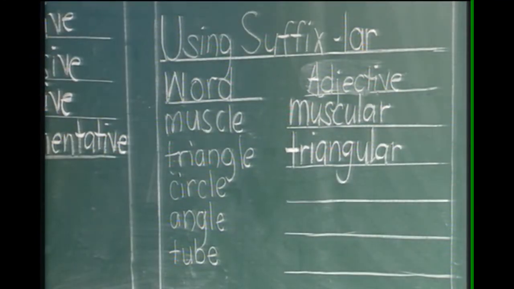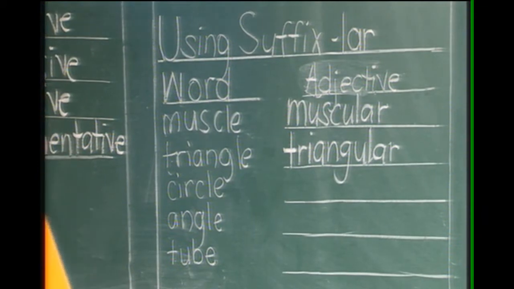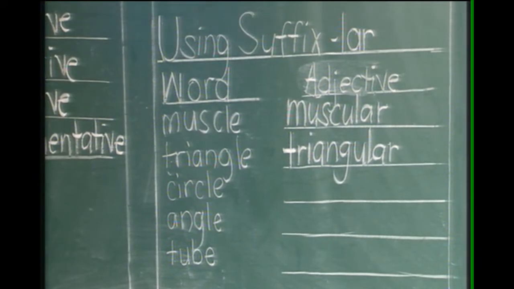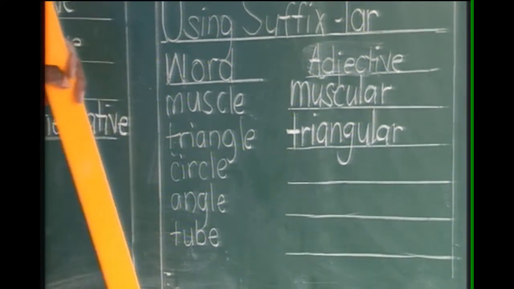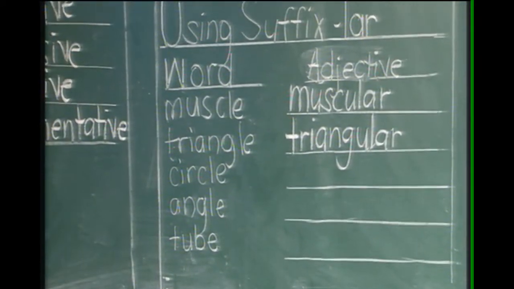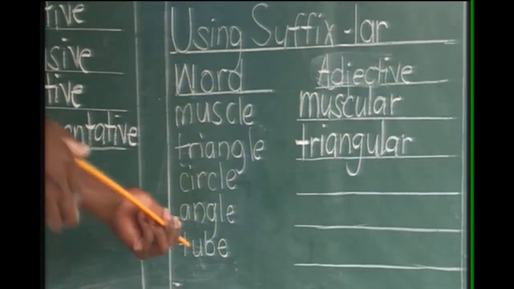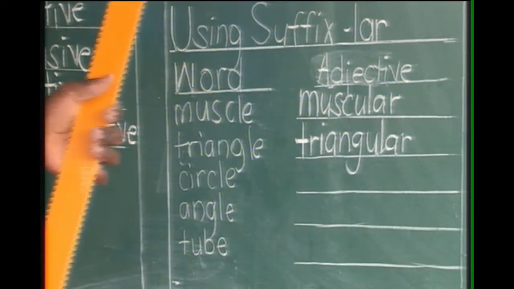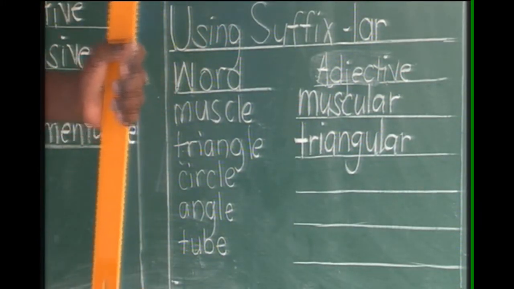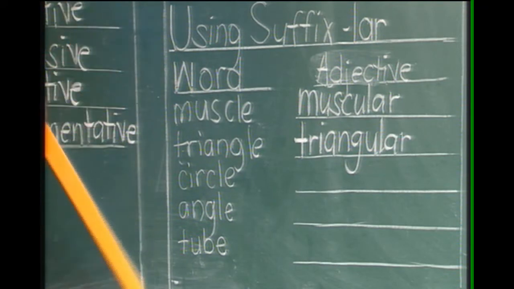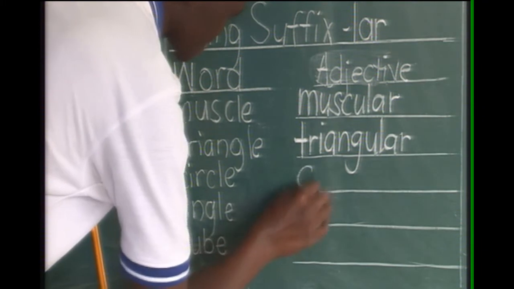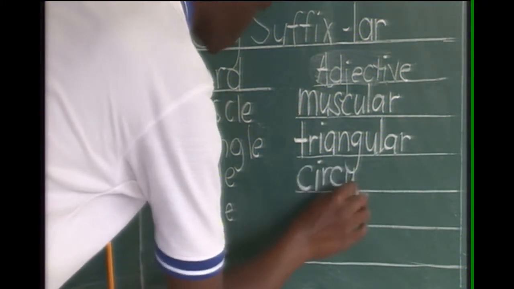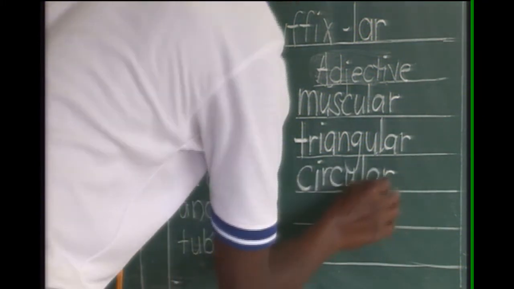Next is circle. The noun is circle. It can also be a verb, by the way. Yes, I circled letter C, or I circled the correct word. That is circle as a verb. Circle can still be a noun: draw a circle in that book. The adjective is circular.